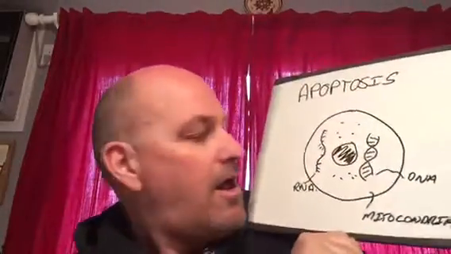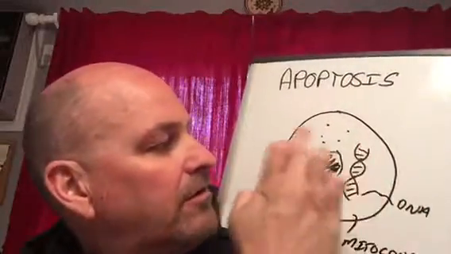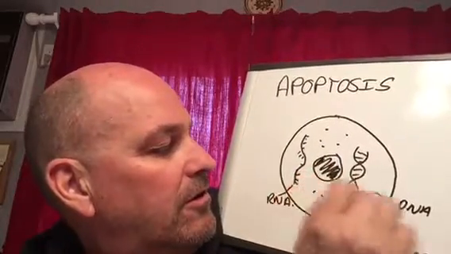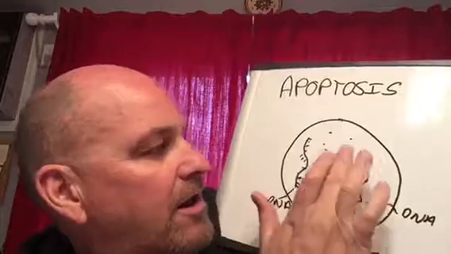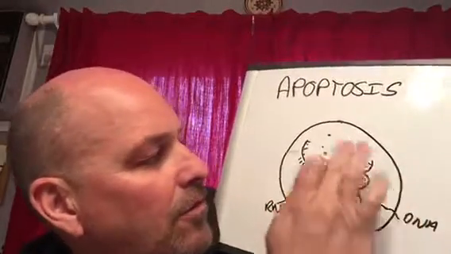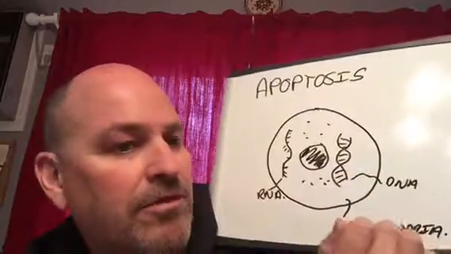So apoptosis, by definition, means programmed cell destruction. Here I've got a picture of a healthy cell. It's nice and round. It's got a nice round clear nucleus, DNA, RNA, full of little proteins and gases. This whole area inside here is called the mitochondria.